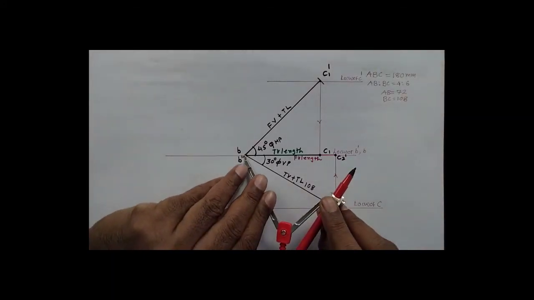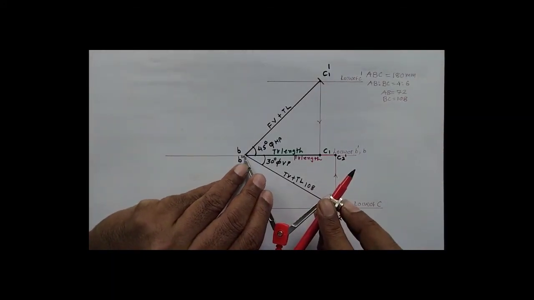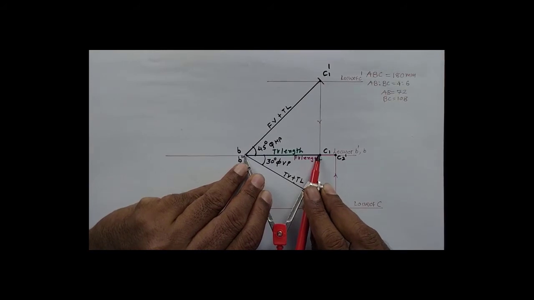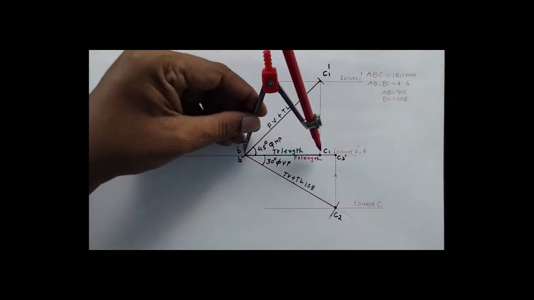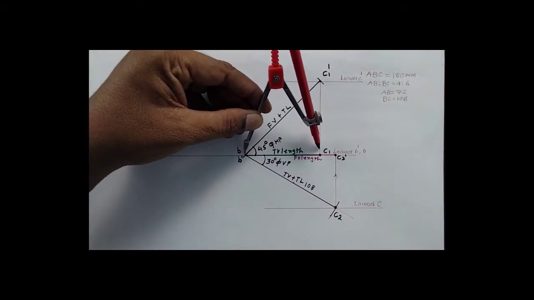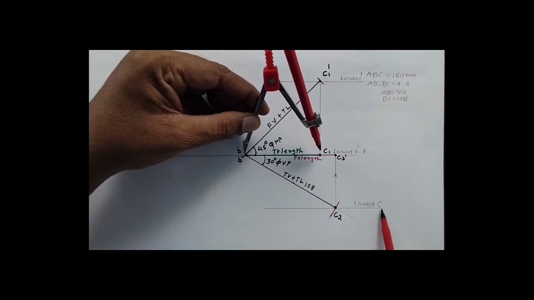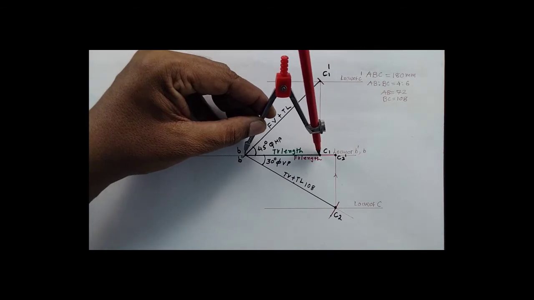Now finally, we rotate. First we rotate our top view length BC1 toward the locus of C, where the actual point C is.